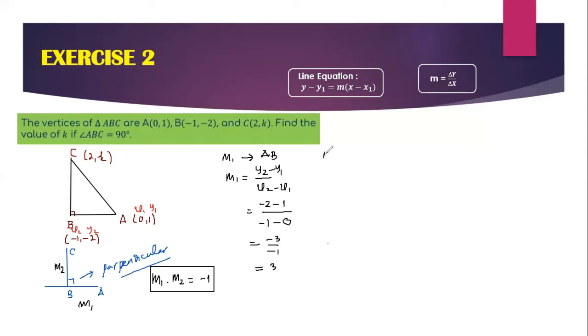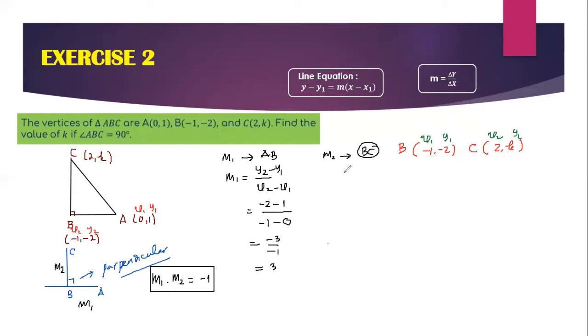Now we're going to M2, the gradient of the line connecting BC. Okay, line BC. We list here B is minus 1 comma minus 2, and C is 2 comma K. This one is x1, y1, here x2, y2.